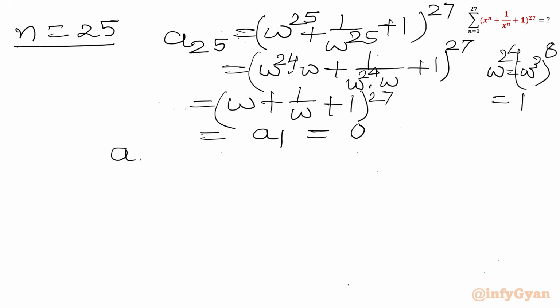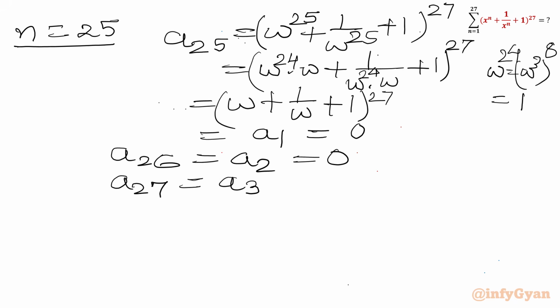Similarly, if I calculate a26, this will come out equal to a2, so the value will be 0. Similarly, a27 will come out equal to a3, which is equal to 3 power 27. So if I calculate the sum value, I need to write the sum S will be equal to 9 times the value of a3.